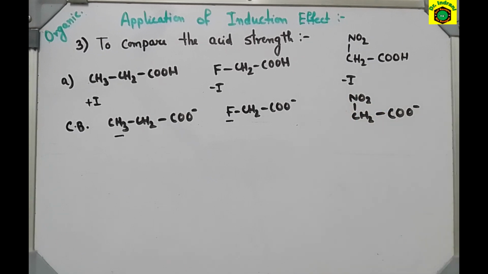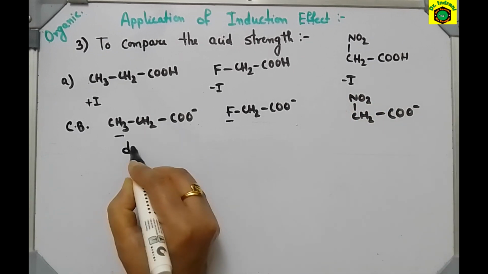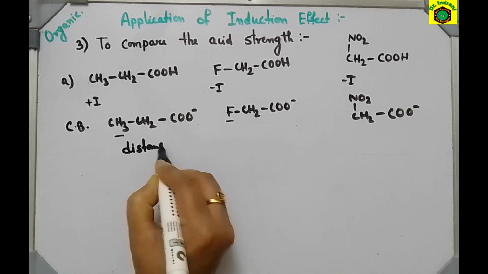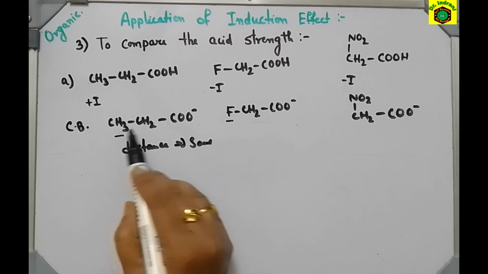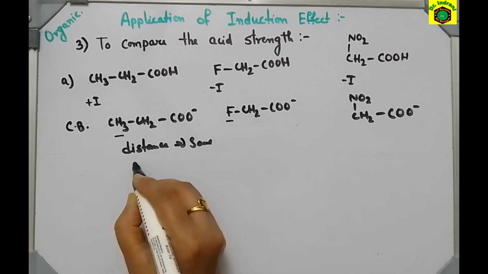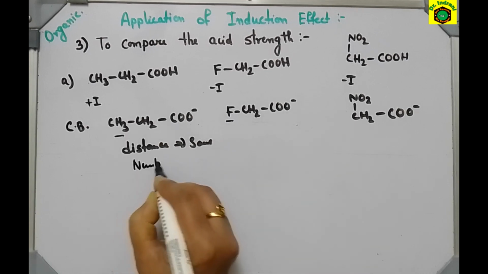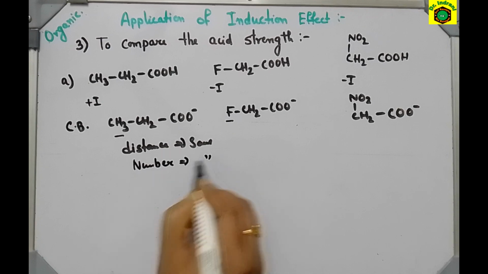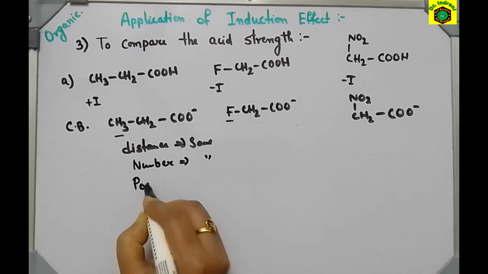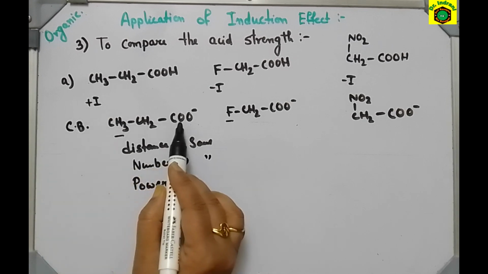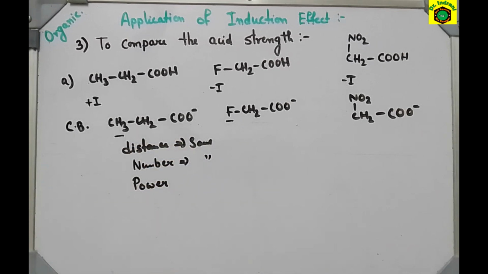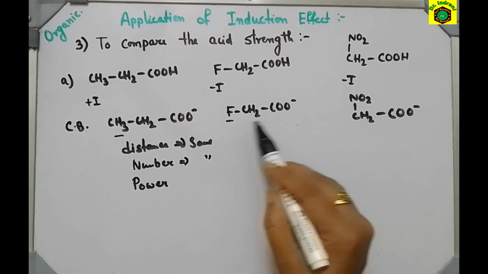Now the distance of these groups from the negative charge, from this anion, is the same. So distance wise, the distance is the same here. Number wise they are the same. Everywhere 1 group is there, so numbers are the same. Now what we have to see? We have to see power. Here CH3 is having plus I effect, so it will destabilize the conjugate base, and these two are having minus I effect.